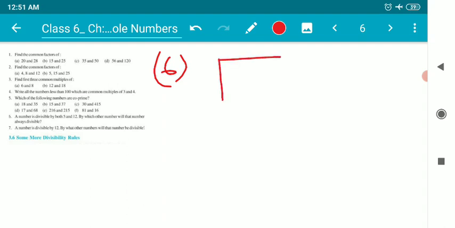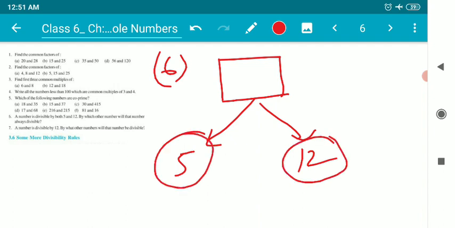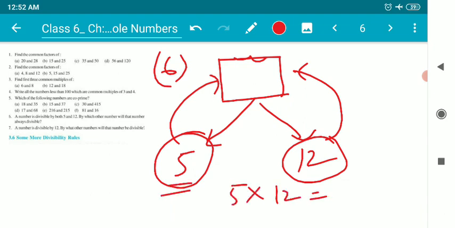Suppose a number is divisible by 5 and 12 both, meaning 5 is a factor and 12 is a factor of that number, and both can divide it. Now the question is, what other number will divide this number also? Children, the answer is 5 into 12, 60. Whatever number comes here will definitely be divisible by 60.